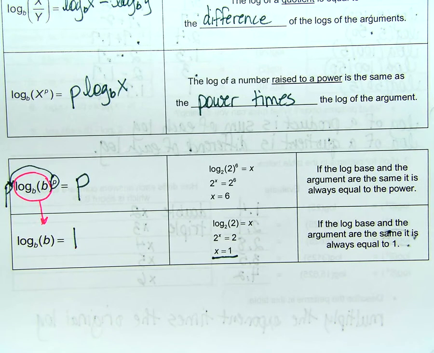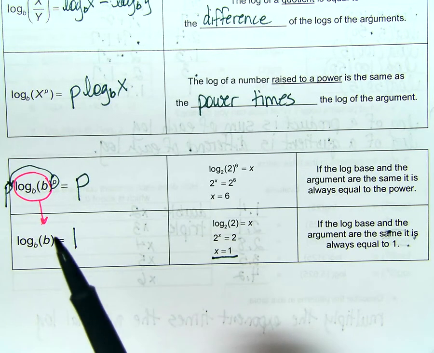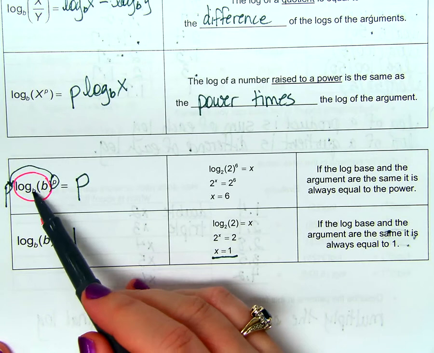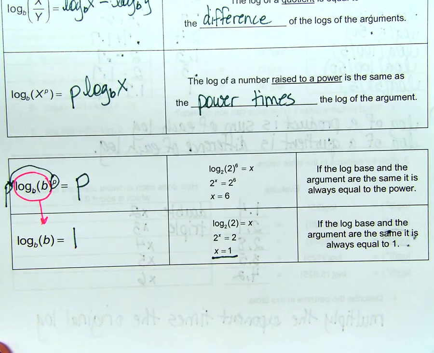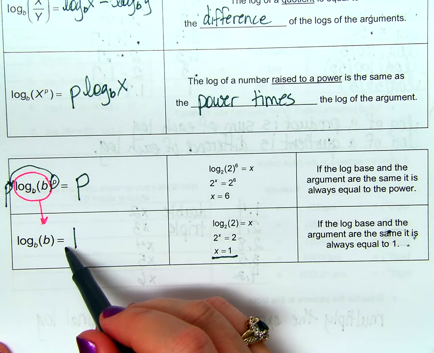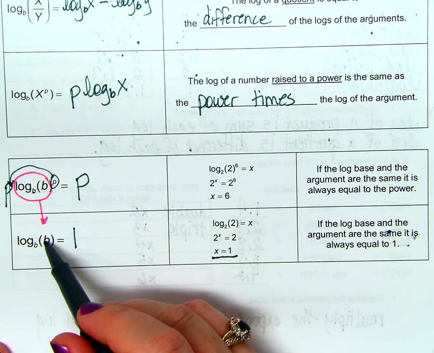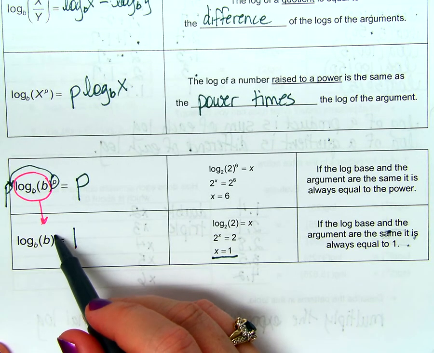Yes, and that's a trick that some people use. They think if the base and the argument are the same, the answer is the exponent. But doesn't it work for this one too? If the base and the argument are the same, isn't the answer the exponent? A 1?